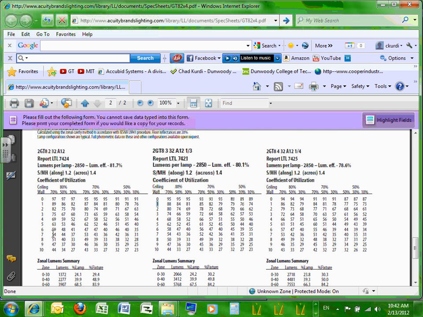Now, what is the coefficient of utilization? How efficient the fixture is going to be within these circumstances. It's not enough by itself, guys. It's not just a factor of the fixture, but of the room, the ceiling, the floor, the reflection, and so forth. That's why we didn't do that when we were doing outside light. We didn't care about this because there are no walls, so to speak, and no ceiling in a parking lot to reflect.